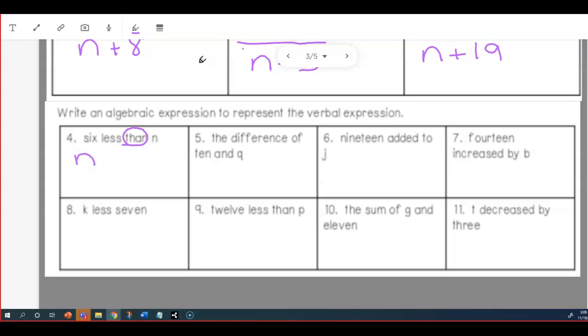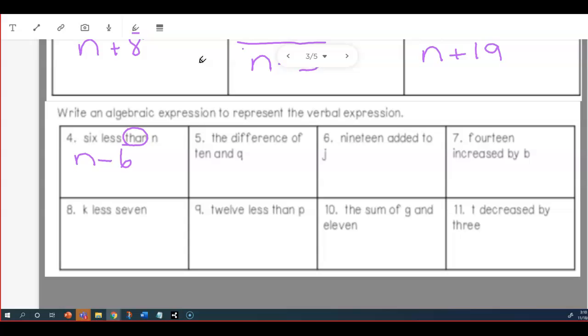So starting with the n, and then we're going to take 6 less. So either way it goes, even if you're adding or subtracting, the than makes me flip it, usually. But remember, addition, it doesn't matter what comes first, but subtraction, you got to be extra careful.